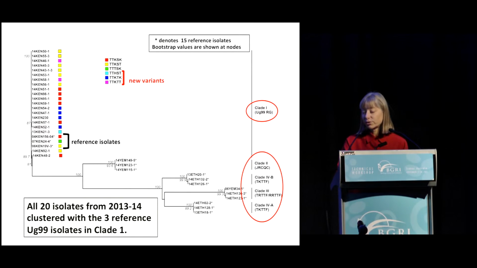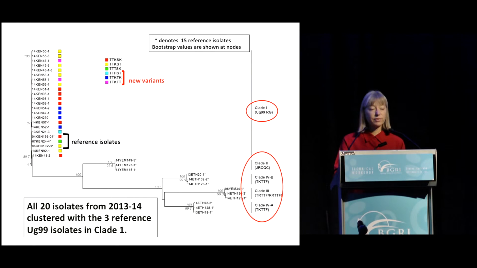So first I'll go through the reference isolates and explain the clades. 3 of the reference isolates are representative of the UG99 race group, which is Clade 1. Clade 2 includes isolates from Yemen in the race JRCQC, Clade 4B, and then jumping down to Clade 4A at the bottom, are isolates from Ethiopia that are race TKTTF, or the Digalu race.